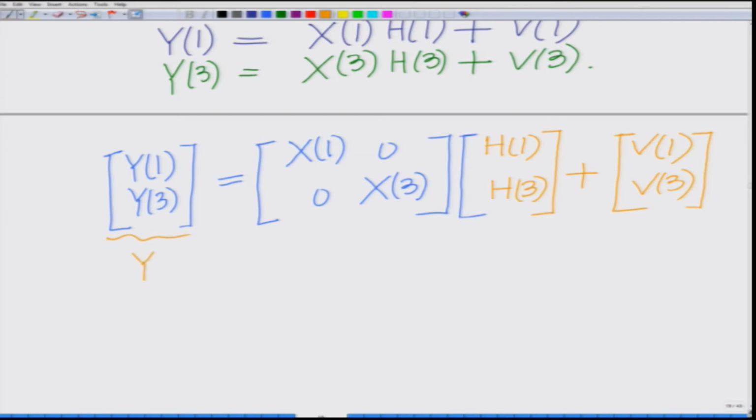We call these Y check, X check, the vector H check, and the vector V check.